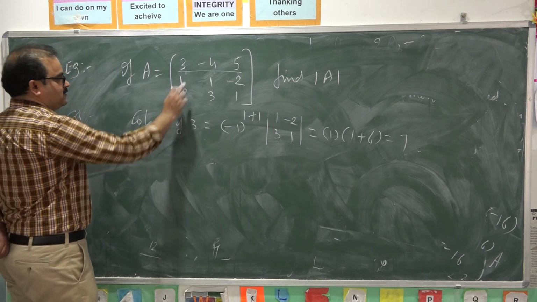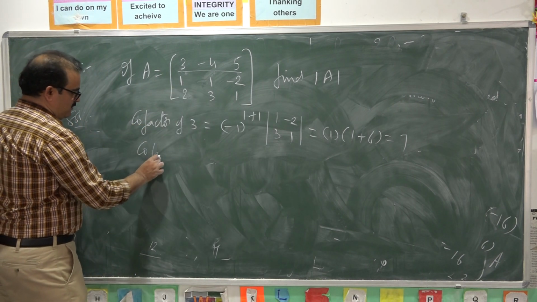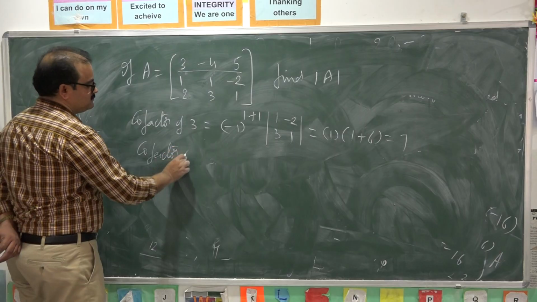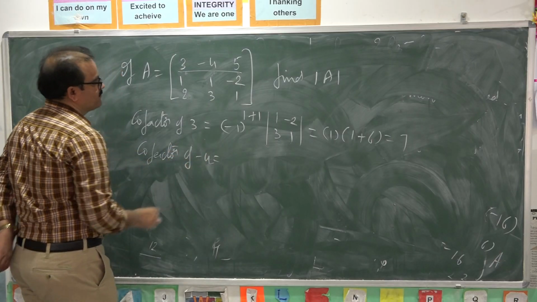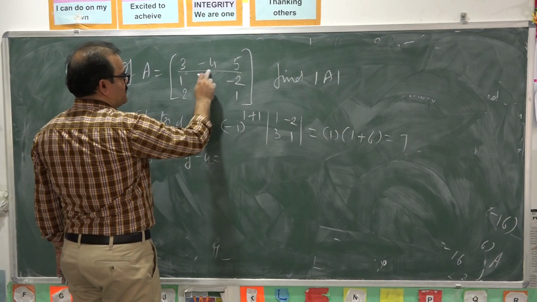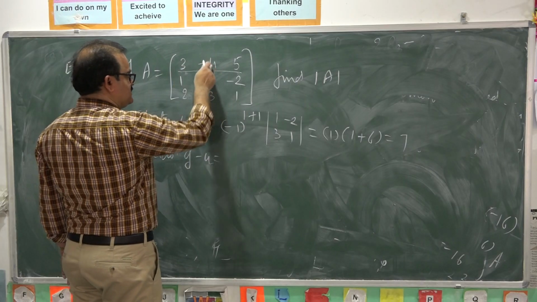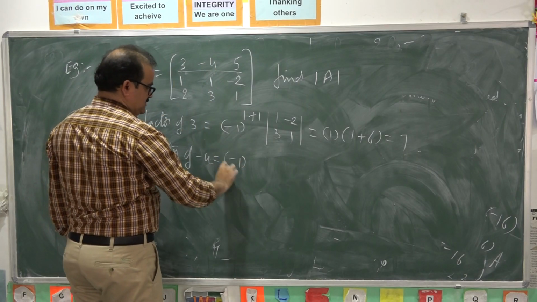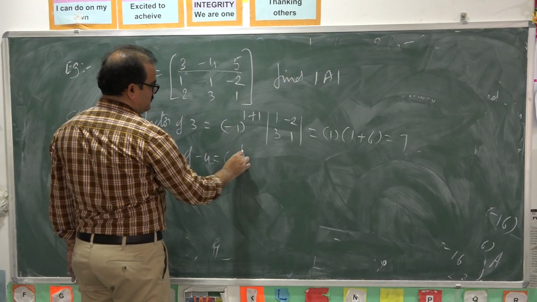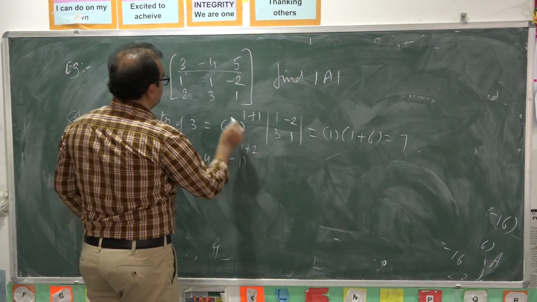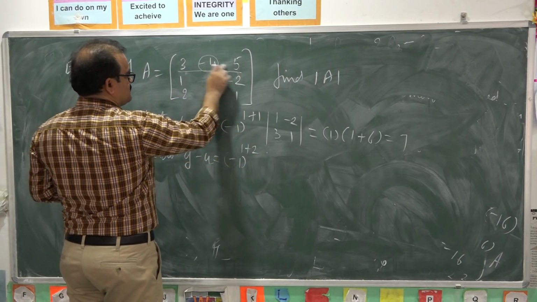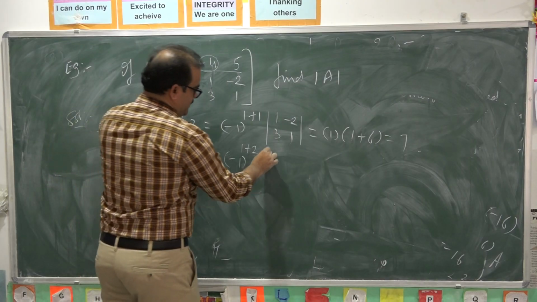Next, cofactor of minus 4. Where this minus 4 lies? It lies in first row and second column. Minus 1 to the power of row plus column into, you delete this row and column, you get a 2 by 2 matrix.